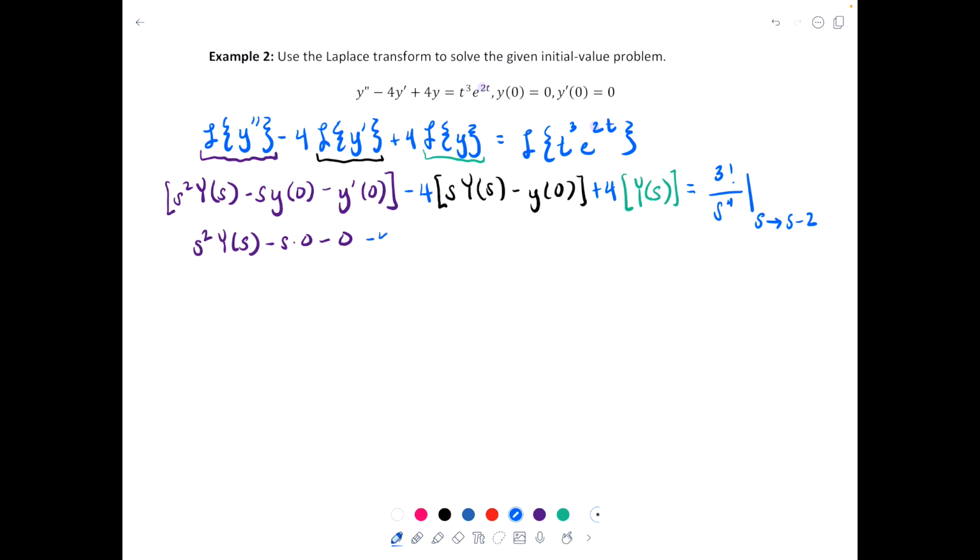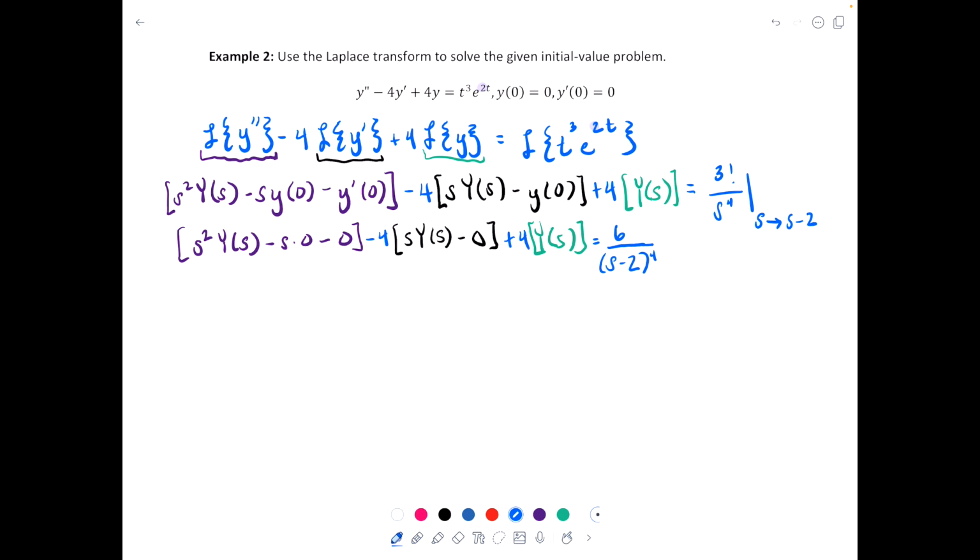And then minus 4 times, I'll just put them in brackets again, s times y at s minus y at 0, which we know is 0 from the initial conditions, and then plus 4 times y at s from the green, and that's all equal to 6 from the 3 factorial over s minus 2 to the 4th.